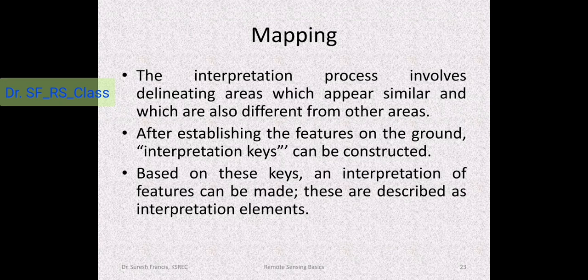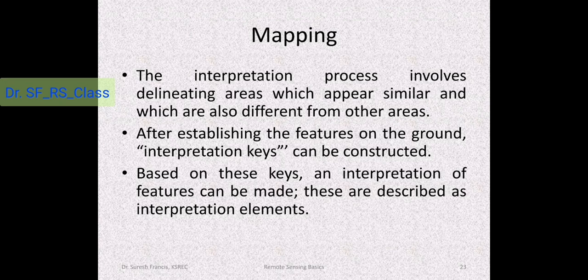Our own terrain based information should be included in the interpretation framework, so that everybody interprets in the same manner. And if we have all these interpretation elements and interpretation keys, we will be going for the mapping with the help of these interpretation keys.